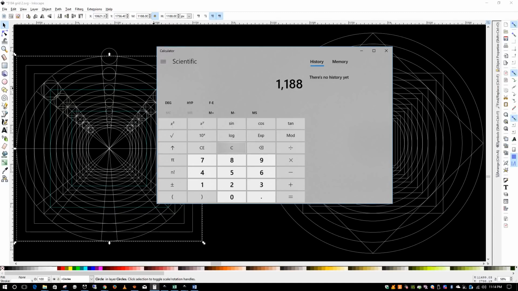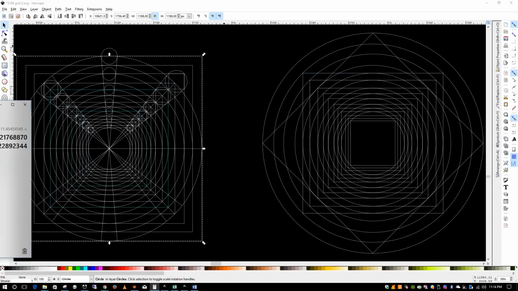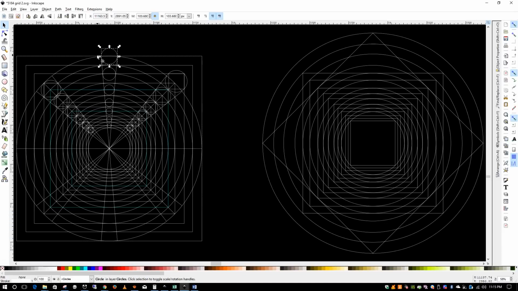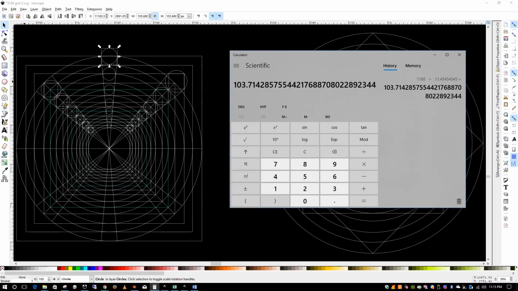Now we're going to divide by 11.454545. That gives us 103.714, which is basically 103.6 is what they're trying to show us here. So that's this number right here, okay? So this represents 10 degrees. So if you multiply that times 36, you get the circumference of the circle, which has the diameter of 1188.